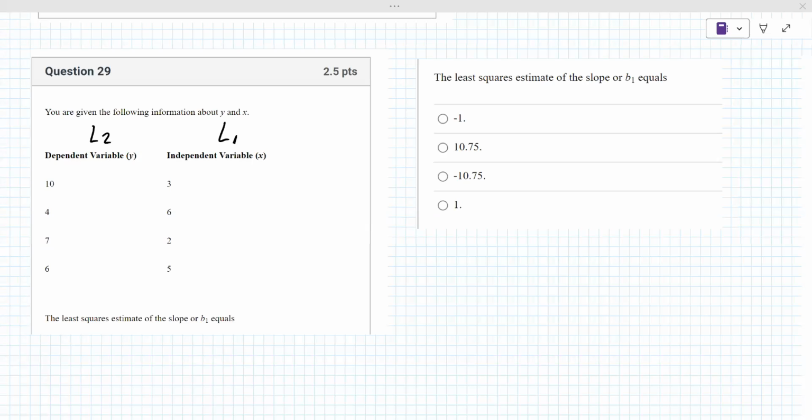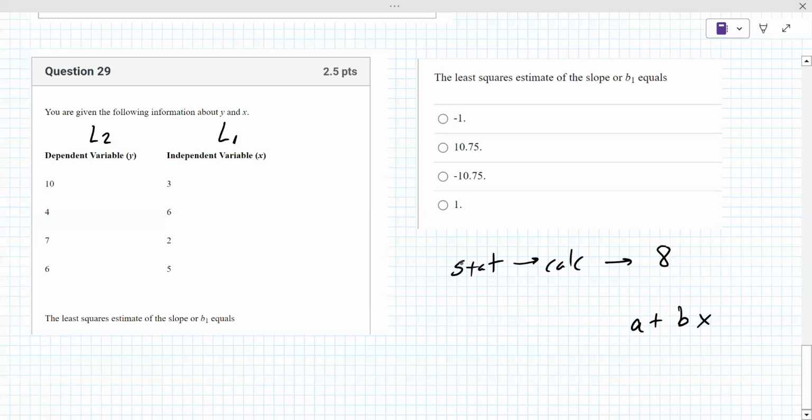And then once those are entered, I go to stat, calc, I think it's number 8. That 8 gives the a plus bx again. This time, because you want the slope, you want the b value.